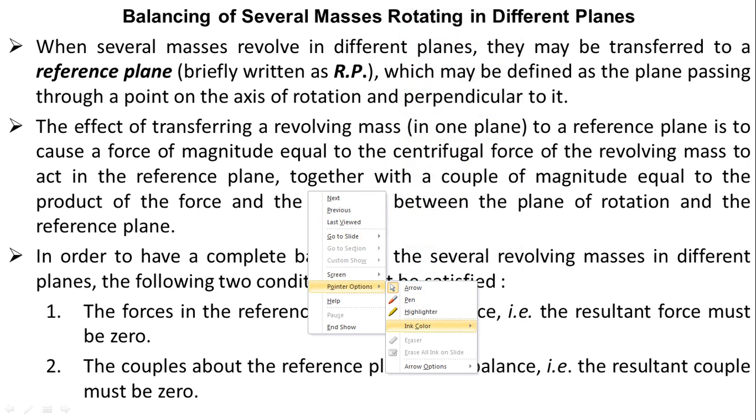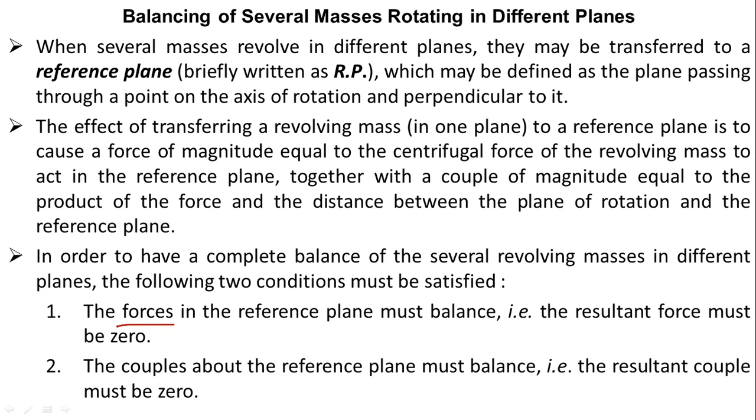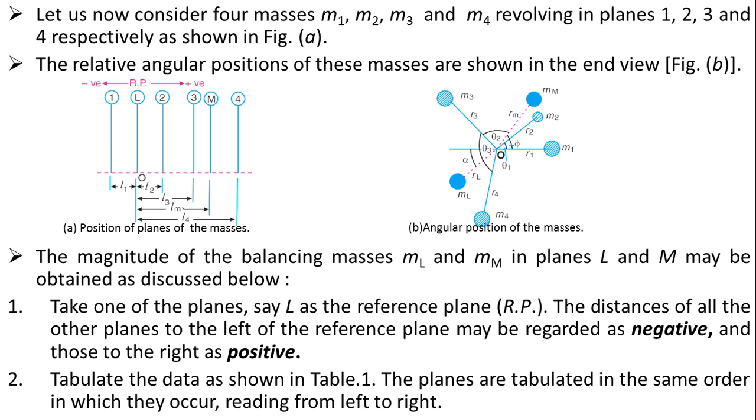So you need to consider one about the forces and one about the couple. This summation should be equal to 0. So a force polygon and a couple polygon should be completely closed polygons only in this condition. Okay, so let us see how to consider this.